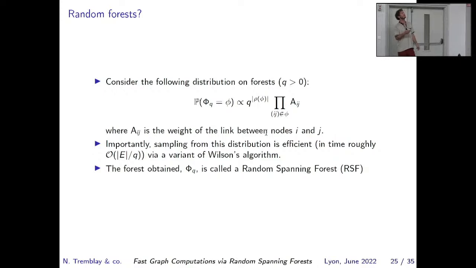This phi q here is called the random spanning forest in general. Nicolas: So it's for q tends to 0 that you get a spanning tree? Yes. So here it means that your complexity is blowing up as q tends to 0. Because in Wilson's algorithm to sample USTs, he takes a q, and then he goes to 0 with q until he has a connected, one-component forest. So he stops at some q.